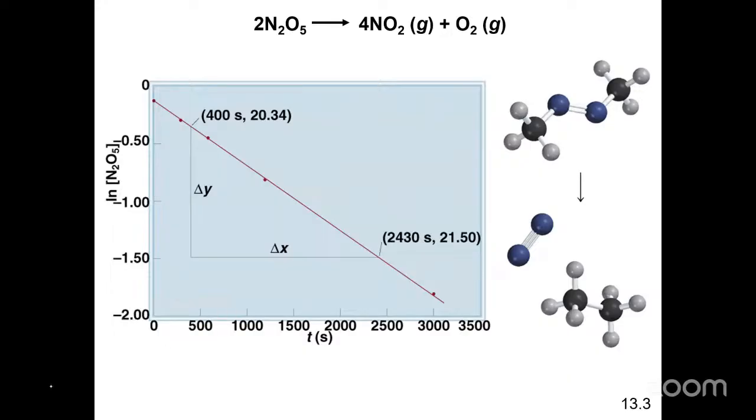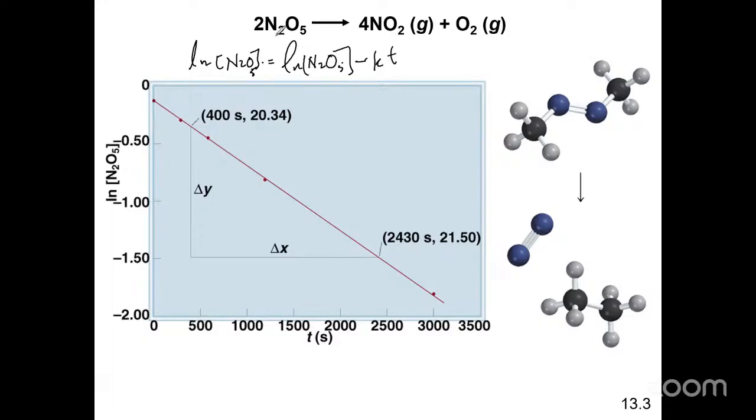So the equation of the straight line in this case would be the natural log of the concentration of N2O5 is equal to the natural log of N2O5 initial minus kt, right?